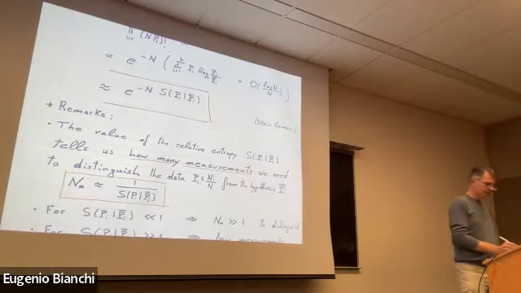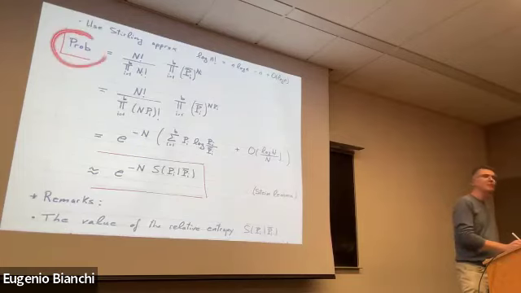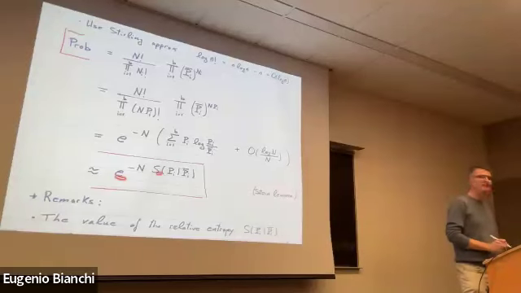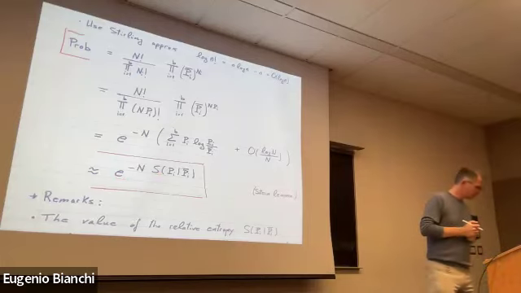If here I put natural log, you get natural; if I put log 2, you get bits. So in the end, what is independent of the logarithmic units is this probability.